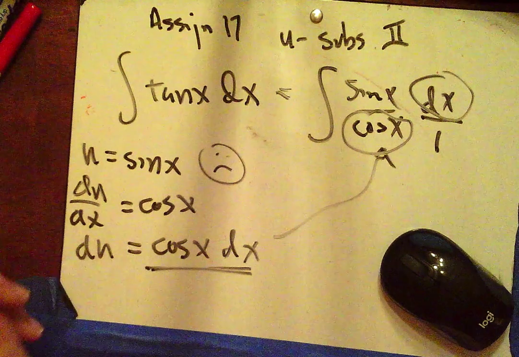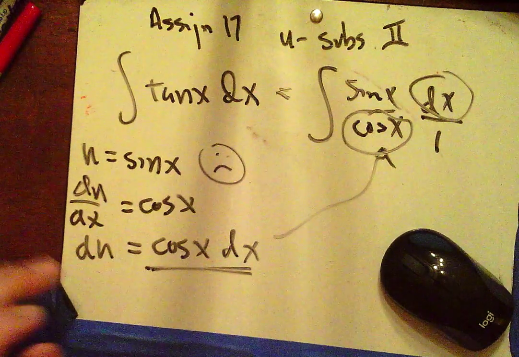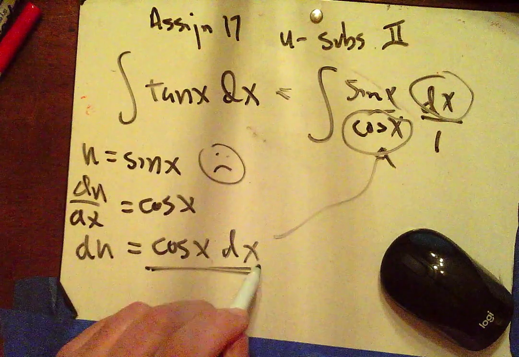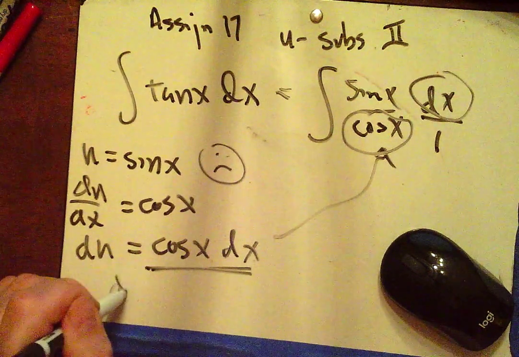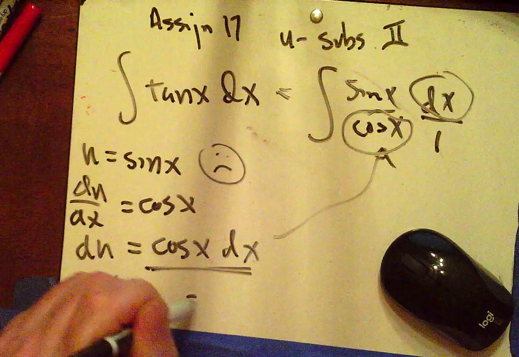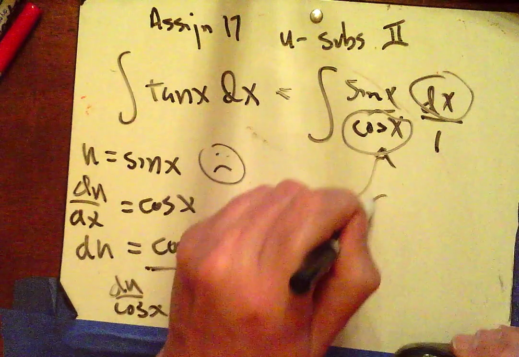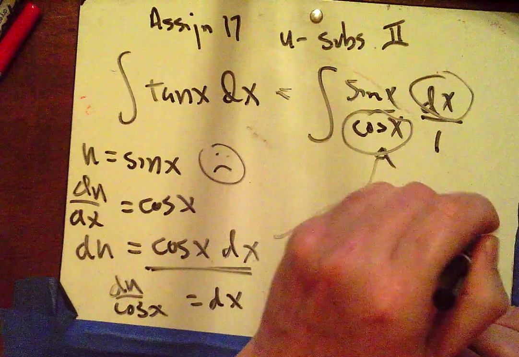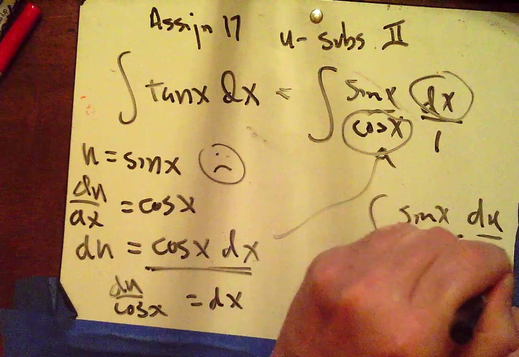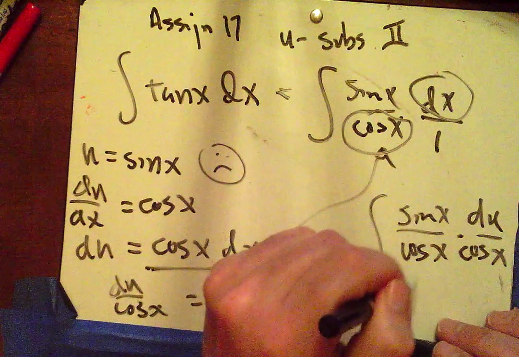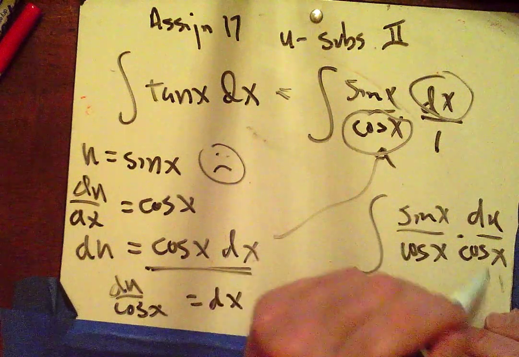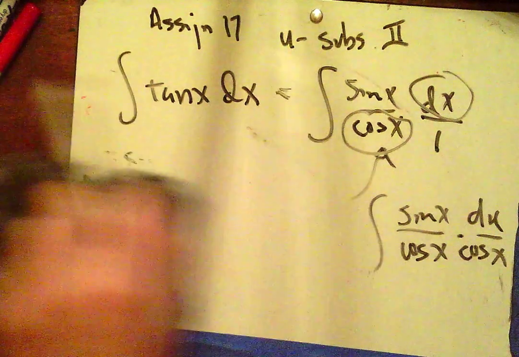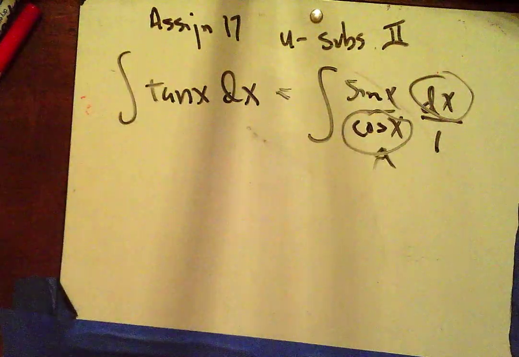Could be pretty sad there. Here's what I mean. If I try and replace dx with du over cosine x, I'm going to have now the integral of sine x over cosine x times du over cosine x. And there's no canceling. This just got bigger and scarier. Yeah, not all u's are good.